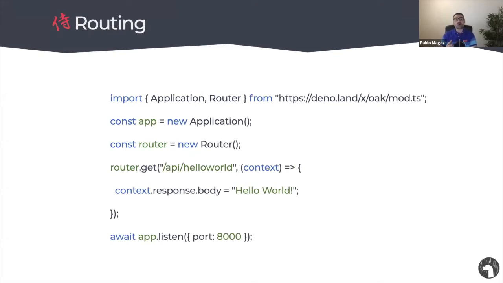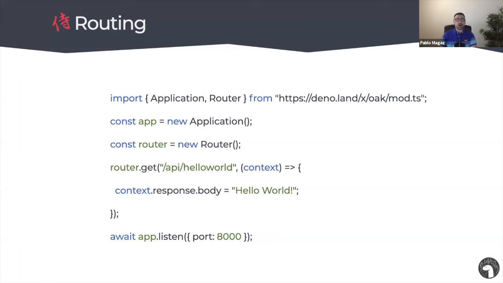In Oak, like in Koa, Express, or any other framework, we have a router that allows us to map our routes with a specific HTTP method using a method with the name of the method that we want to implement: get, post, delete, patch, etc. In this example, we are mapping our route API/hello world with the get method, in the same way that we usually define routes in most of the frameworks or most of the routers, no matter if we are talking about routers on the backend or even on the front end.